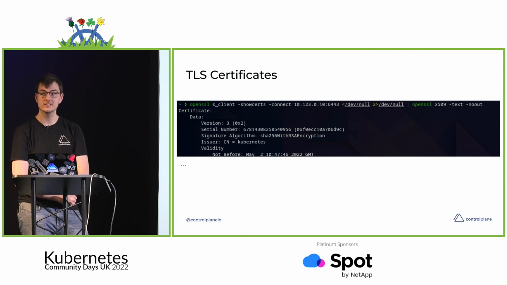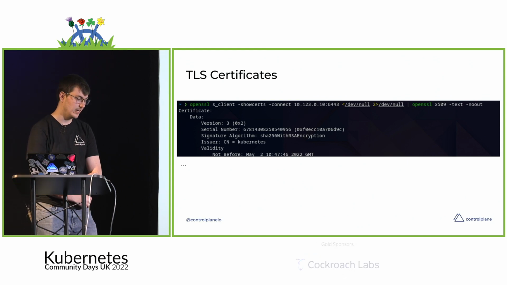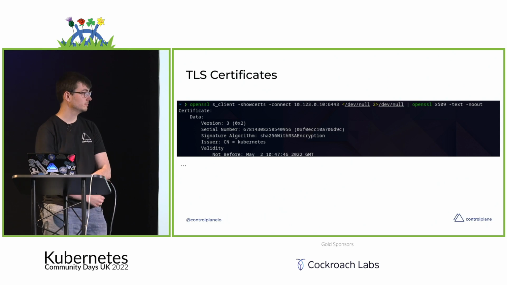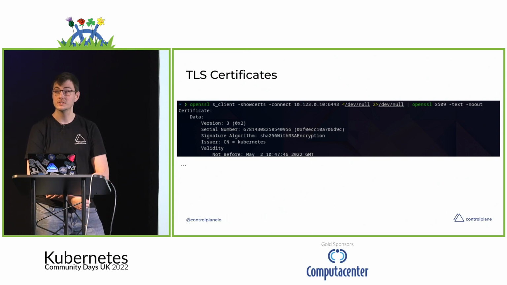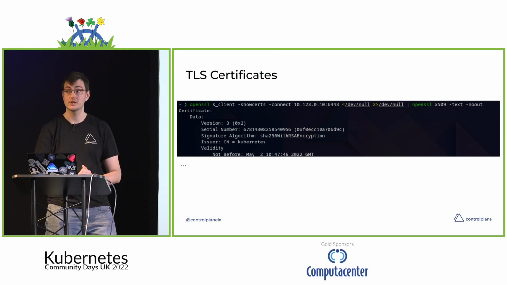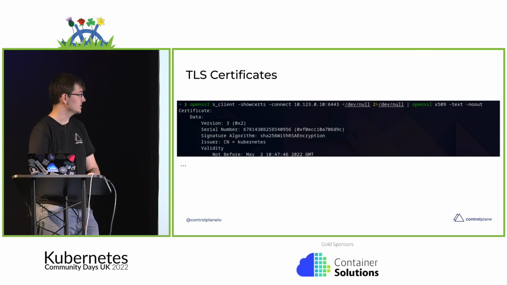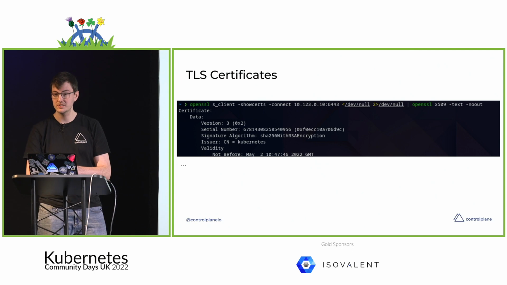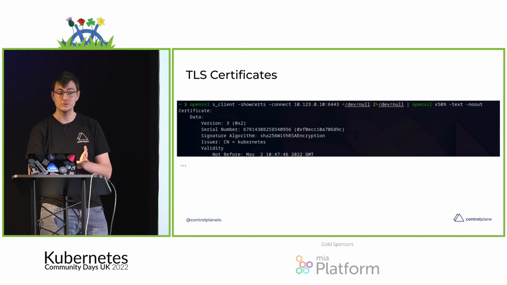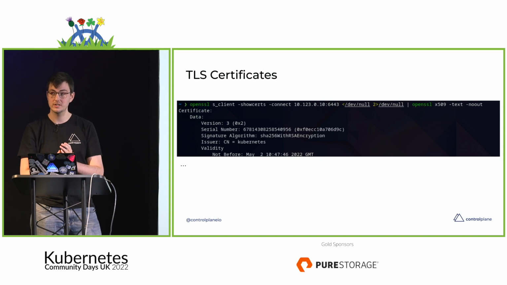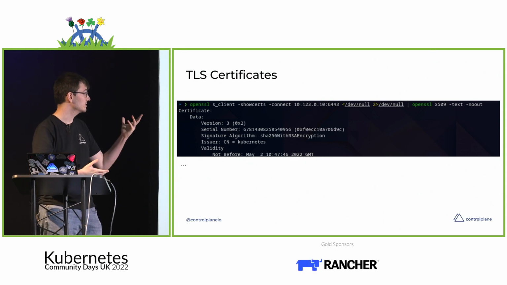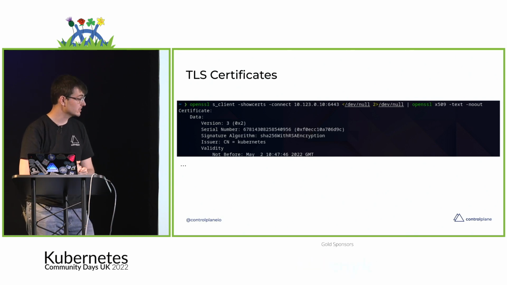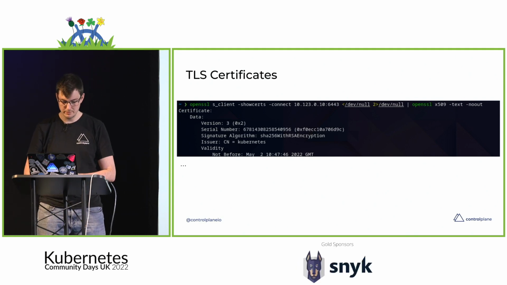The HTTPS port serves a certificate, which has a lot of information encoded in it. This OpenSSL incantation will reveal some of that information. You could also go to it in a browser and look at the certificate information in a more graphical way. But this is the OpenSSL incantation to get some of the information out.